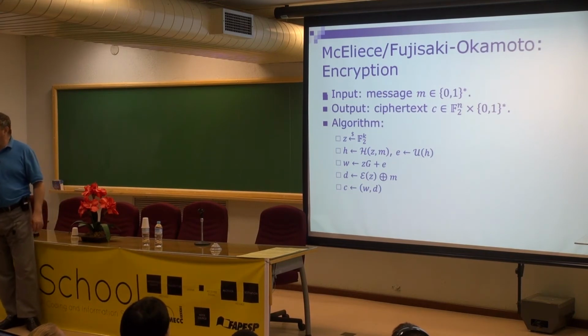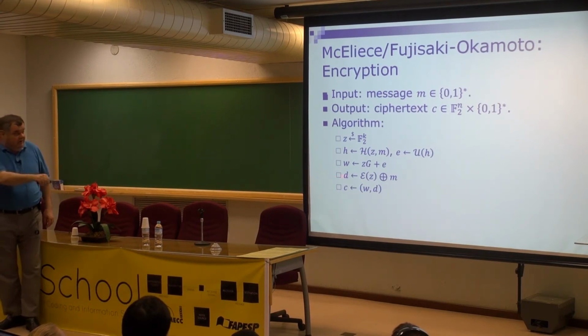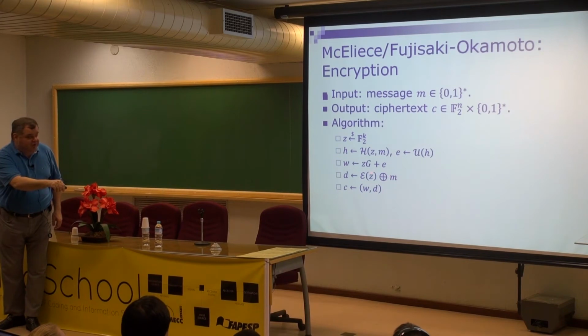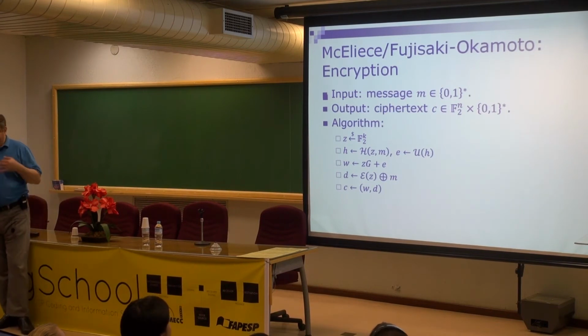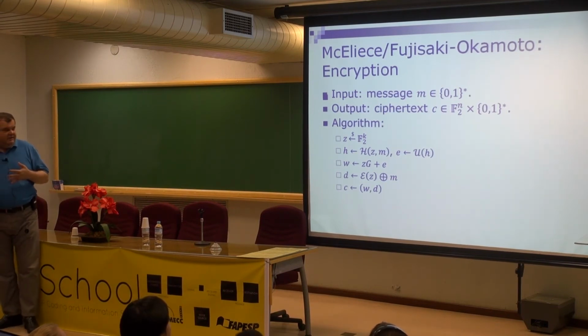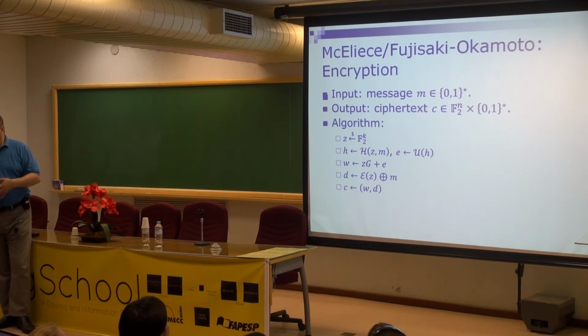How do we encode the message properly now? So M is our true message. We feed the same Z to the stream cipher, a symmetric encryption function. It will produce a mask that is indistinguishable from a sequence of completely random bits.